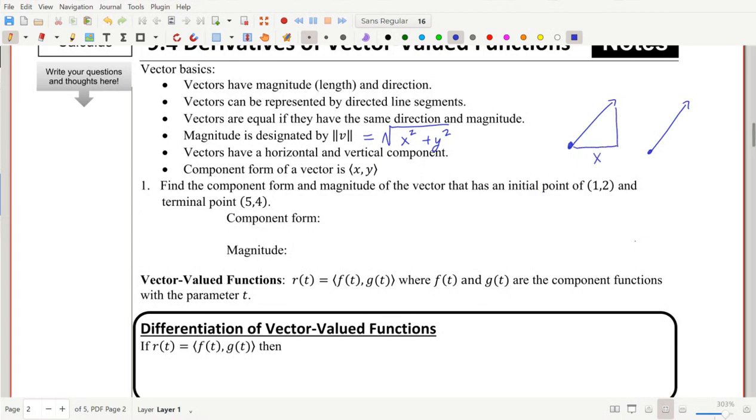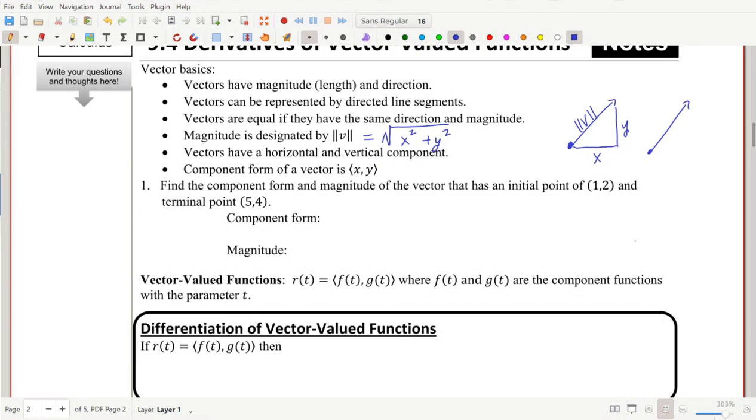If that's going to be your x value and that's going to be your y value, a squared plus b squared equals c squared. The magnitude, which is the length of your vector, is just the Pythagorean theorem. We refer to those x's and y's as horizontal and vertical components, and we've seen this on the slide from before. All right. So a very simple example, really just sort of review.